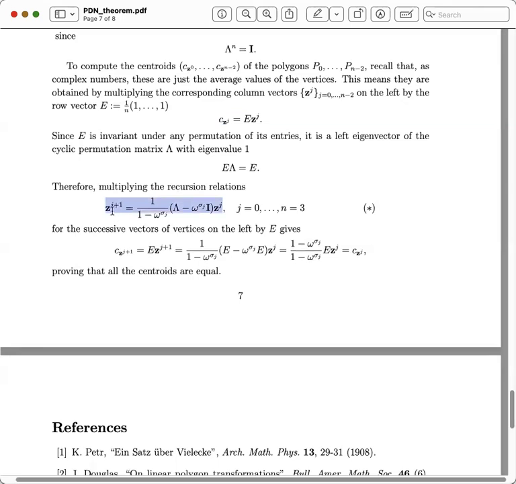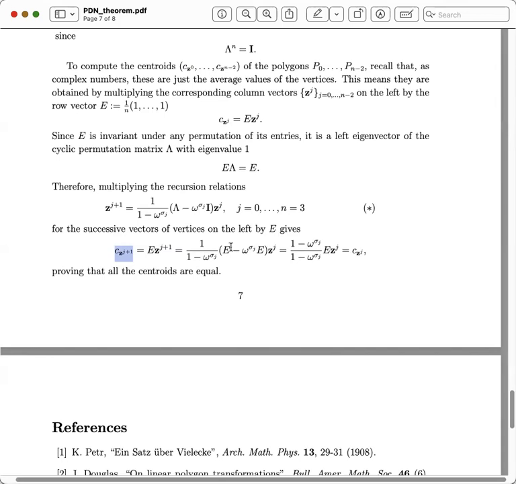So if we multiply z j plus 1 on the left by E, we'll get exactly the centroid of the j plus 1th polygon. But if we multiply the second factor here by E, well, E lambda gives you back E. So we'll get an E here if we multiply on the left by E. Here's the E. And, of course, the identity matrix just reproduces E. So we can bring the E through from this parentheses to multiply z j.